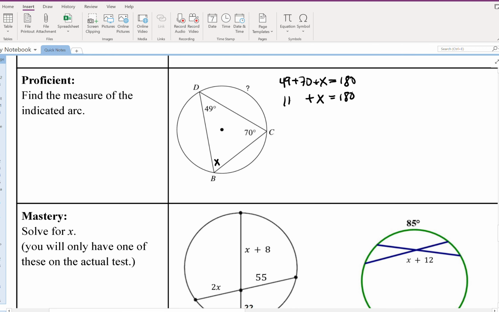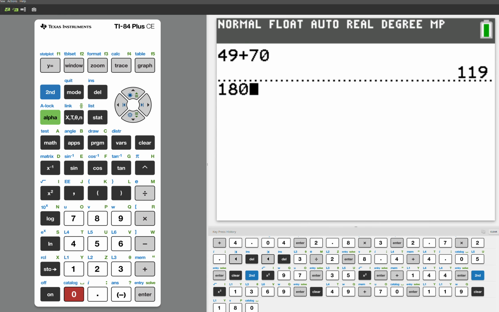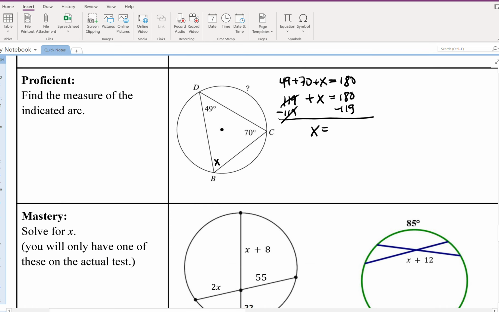So 119 plus x equals 180, and if I subtract 119 from both sides, 180 minus 119 is 61.